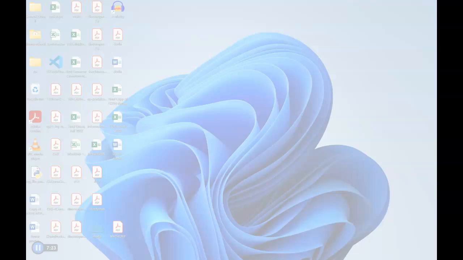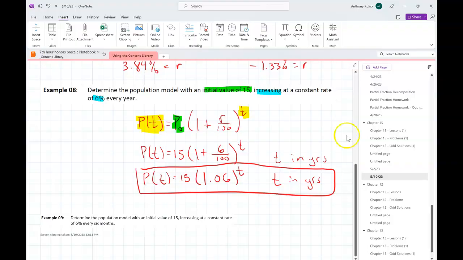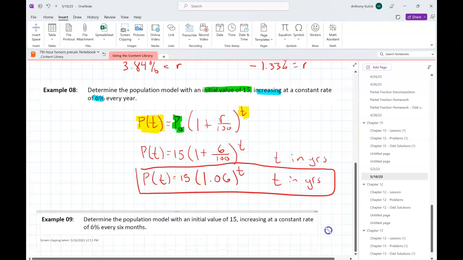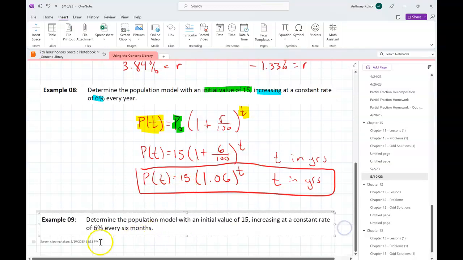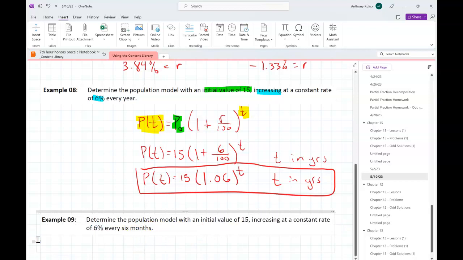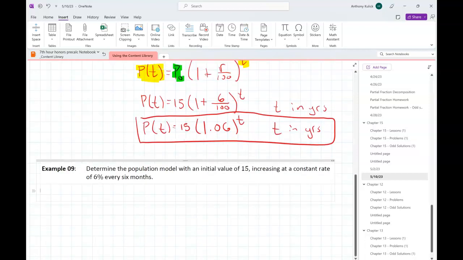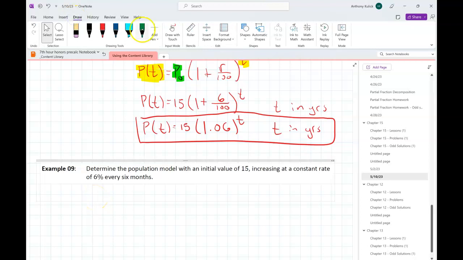Let's look at another example that's quite similar to this. So this one says, determine the population model with initial value of 15, increasing at a constant rate of 6% every 6 months.